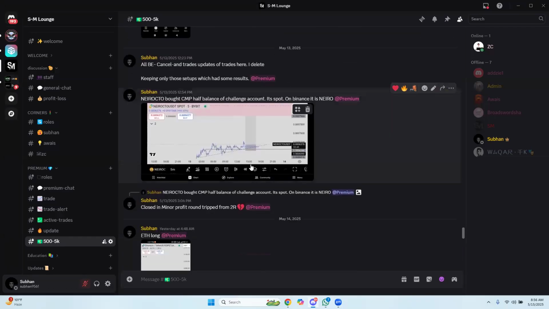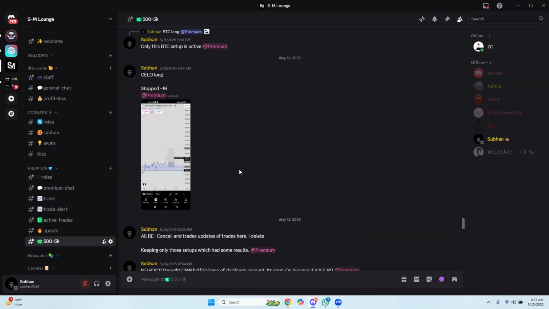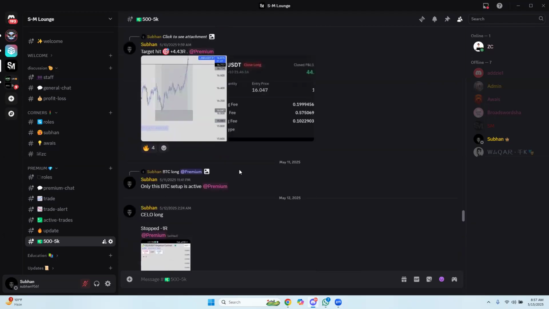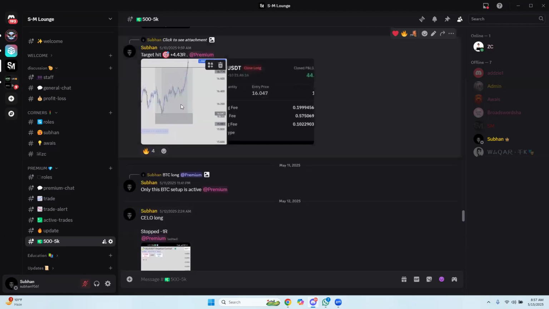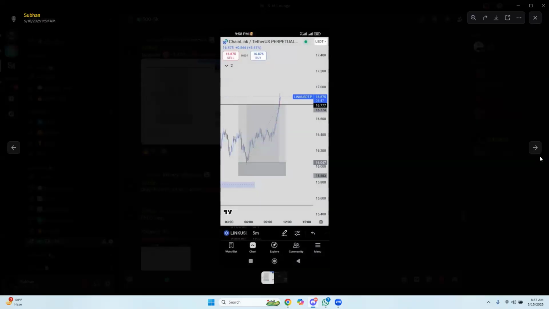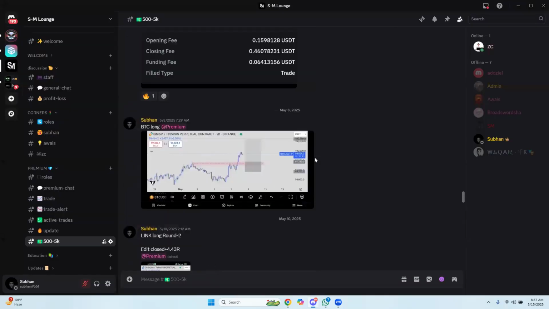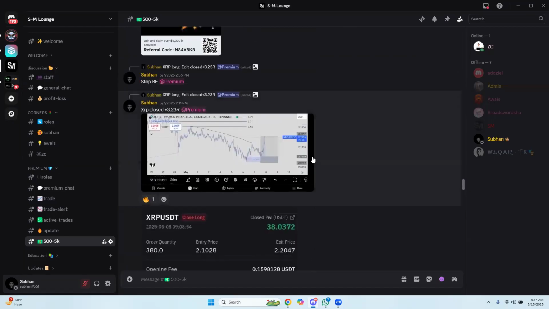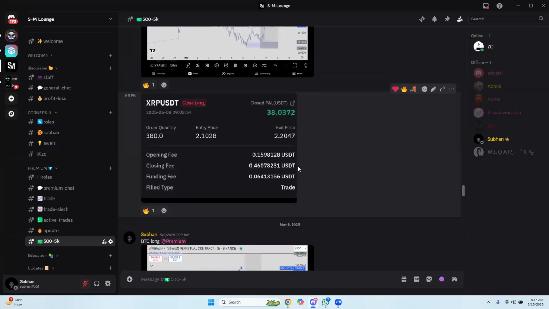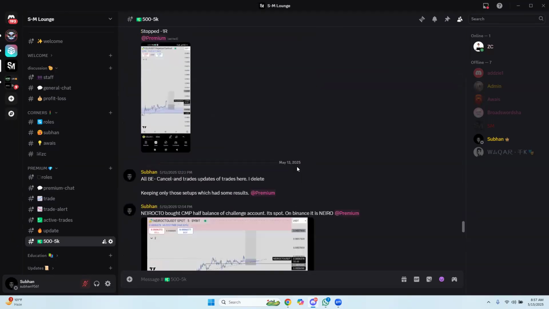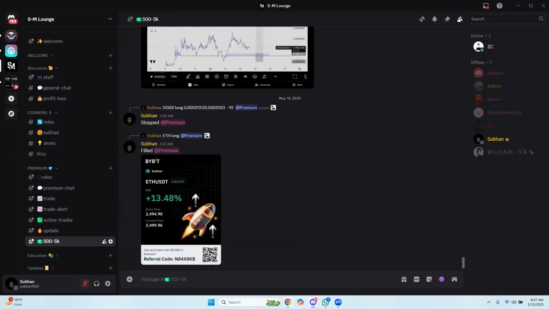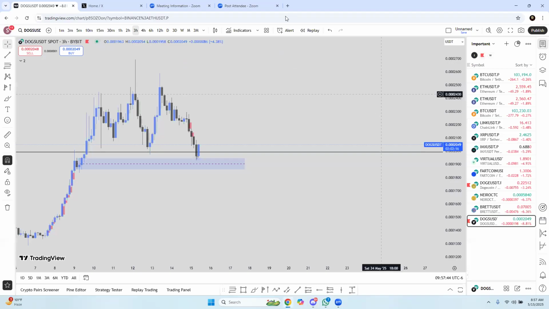I closed this as it goes up towards the 2 hour and then break even. Silo stop target hit, something like 10 LINK, it was $44, going slowly. XRP target hit, $38 and something like this, going on Discord. So this is it from my side.